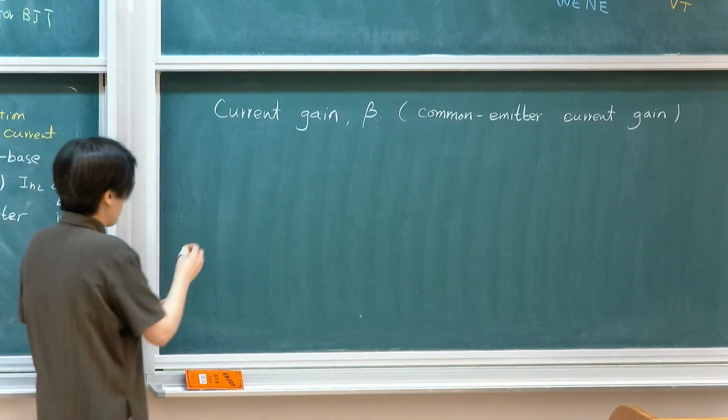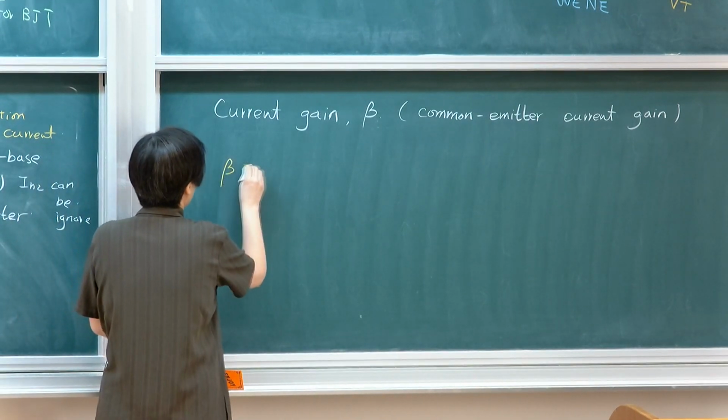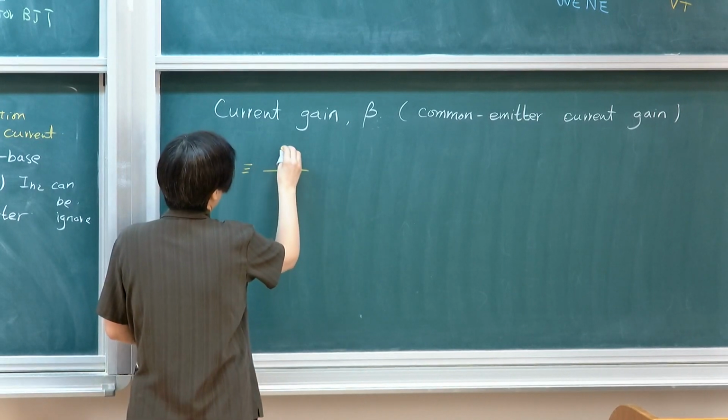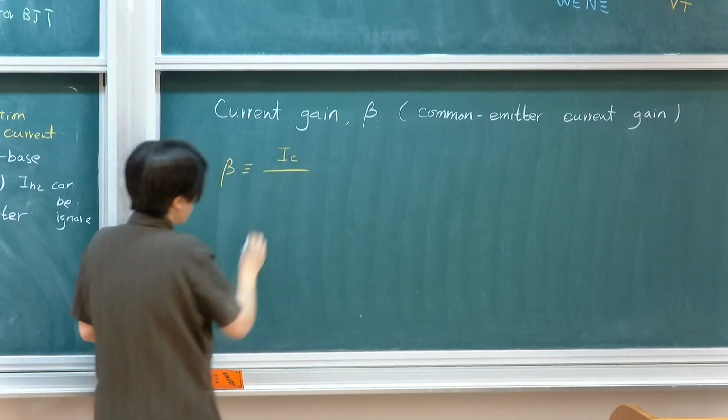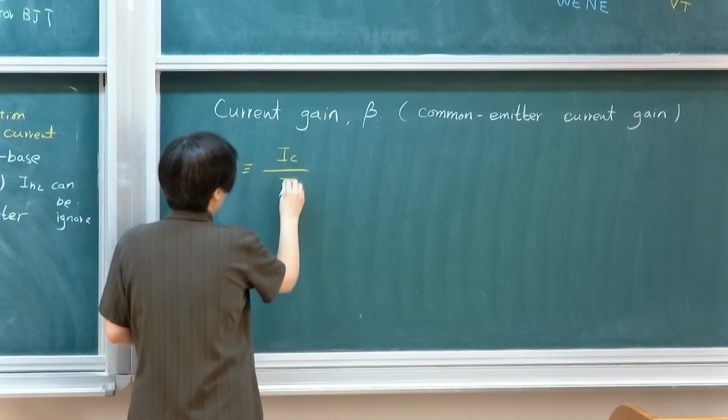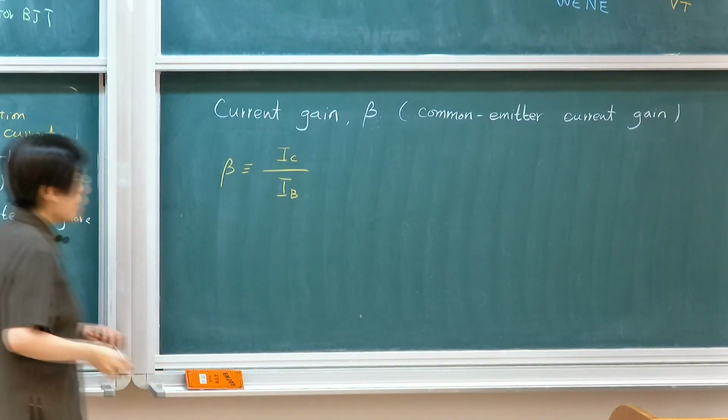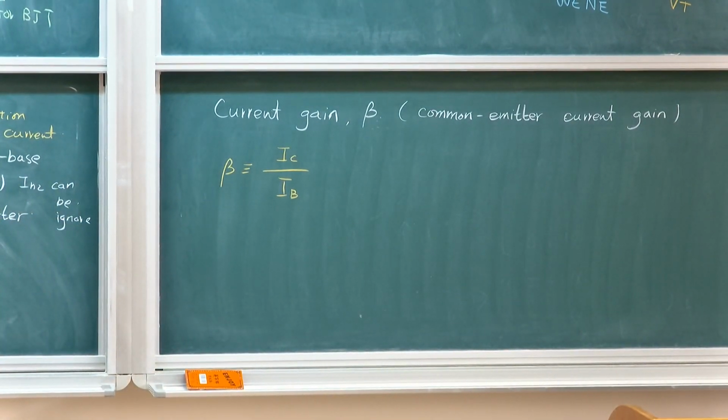So how does one define beta? Beta is defined as the current ratio between the performance and the price you pay. The base is typically referred to as the price to pay because in a common emitter structure, that's the input node. So how much do you put into the system? And this is the output terminal.